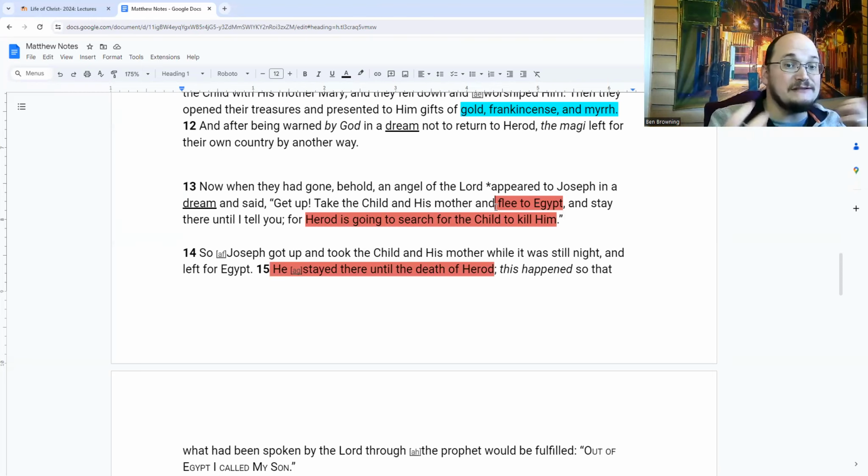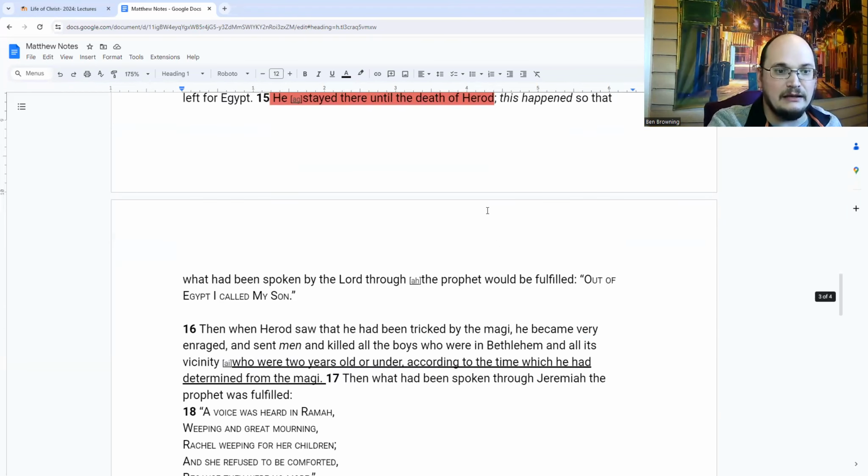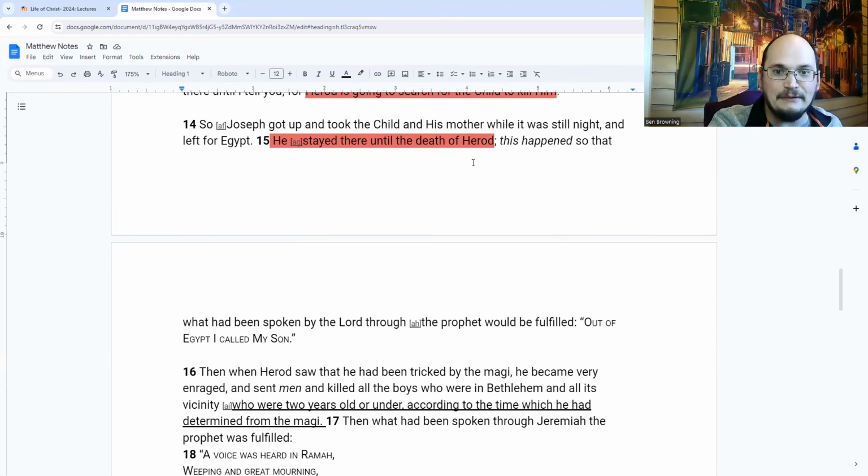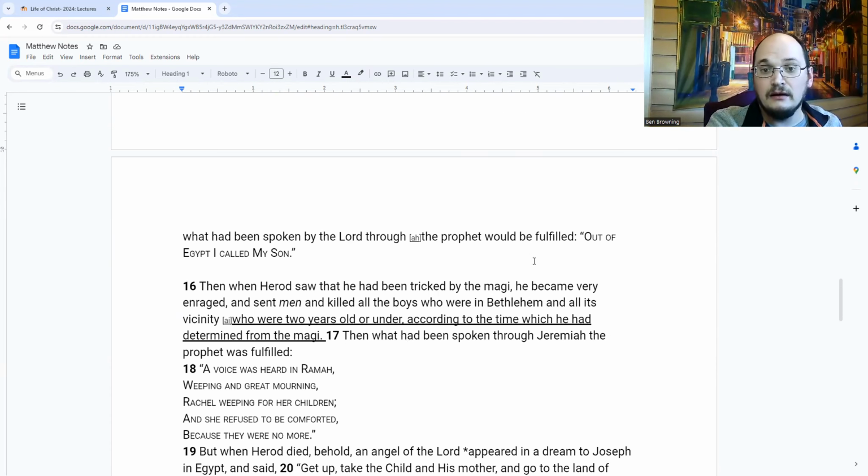See, Matthew seems to be making a deliberate point here. You have the chosen one who represents all Israel fleeing to Egypt, not out of Egypt. And then ultimately, what ends up happening? You're going to have this king try to kill all these boys.